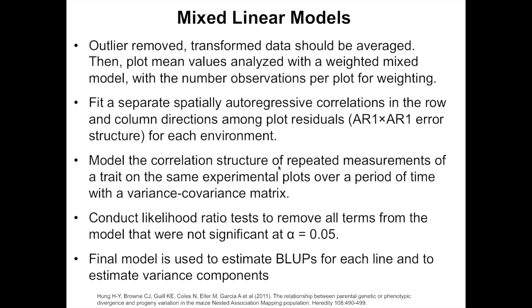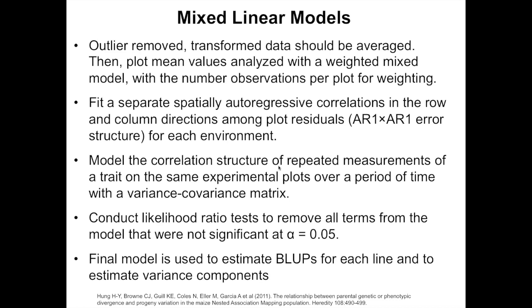And then with this phenotyping system, it can vary across space and time. So let's talk first about space. We can fit a separate spatially autoregressive correlation structure in the row and column directions.